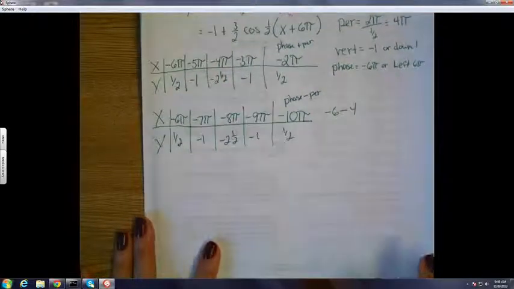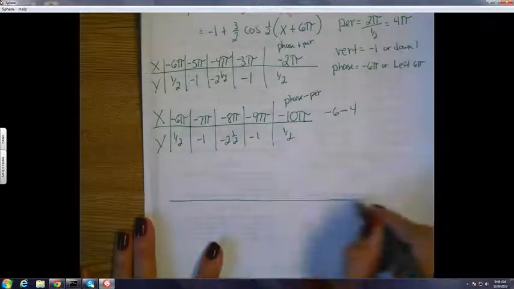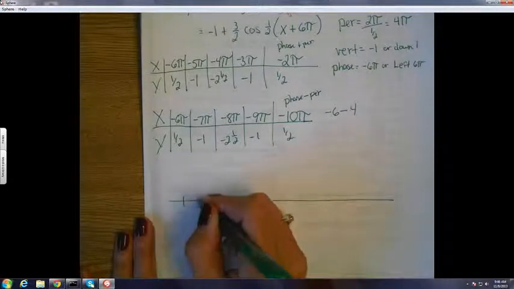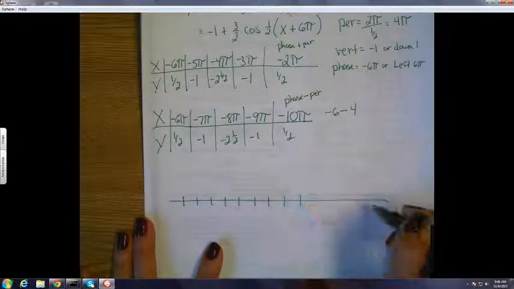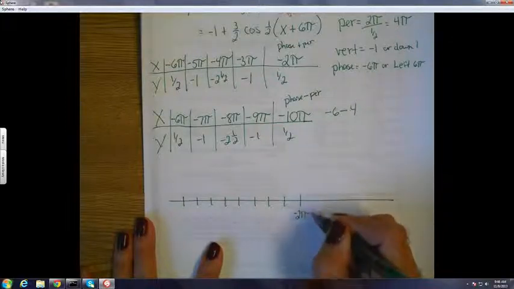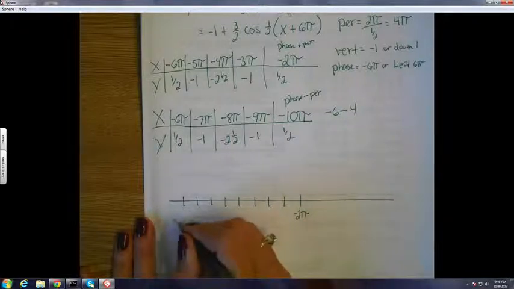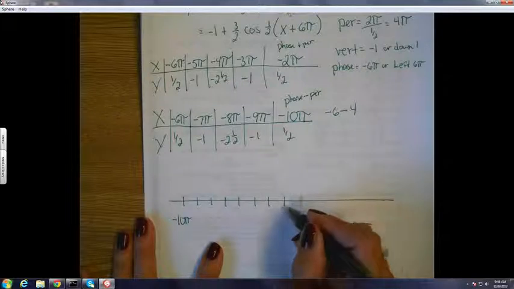Okay, we've got our 9 key values. This is negative 2 pi. This is negative 10 pi. In the middle is negative 6 pi.